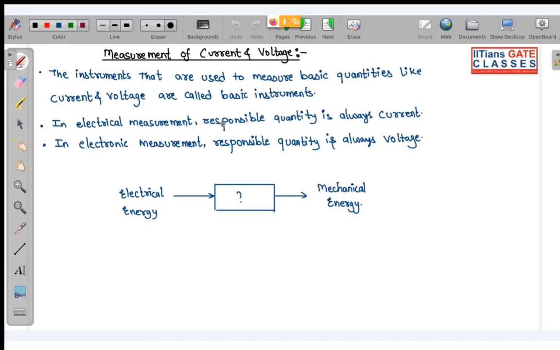Like that you measure the current in the line when you are measuring electrical lines, whereas in electronics you measure voltage difference.